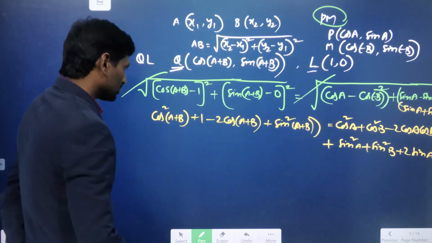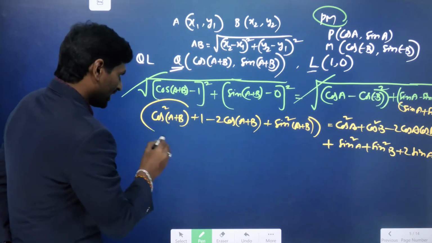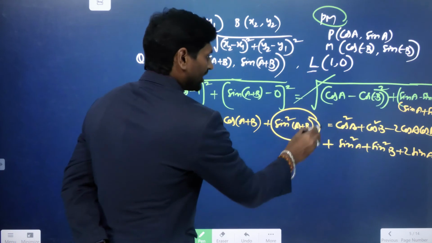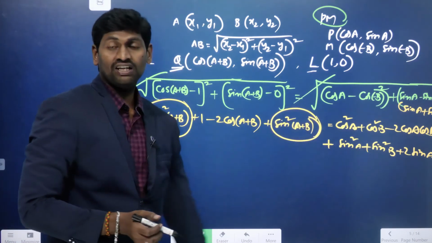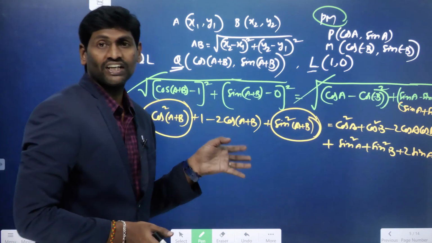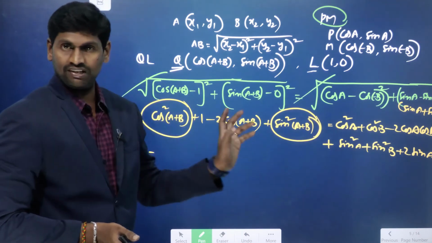Now we are almost done. Cos square (a plus b) plus sin square (a plus b) has the value 1. Why? We just learned the trigonometric identity sin square theta plus cos square theta equals 1, where theta can be any value.